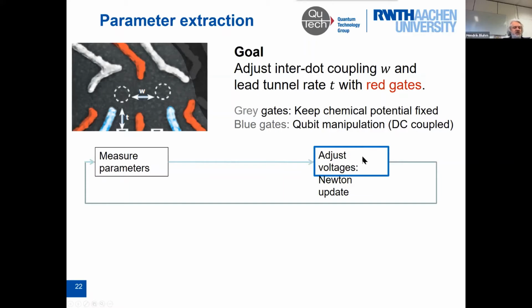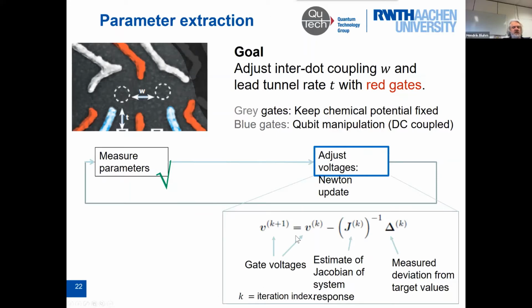And what we chose to do here is a Newton update, meaning that the new gate voltages are obtained from the deviation between the measured and the desired value multiplied by the inverse Jacobian of the system. And then, of course, you ask yourself, where does this Jacobian come from, which reflects the linearized system response.